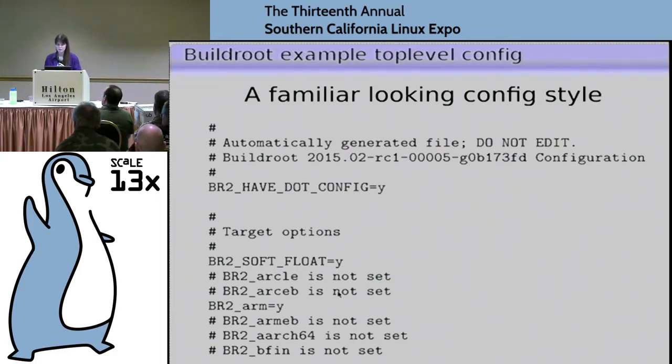All they did was where you have CONFIG_blah, they turned it into BR2_blah. Other than that, it's exactly the same. Well, okay, you don't really have =m's here. But other than that, =y for things that are turned on, and "blah blah blah is not set" with the pound sign for stuff that's disabled.